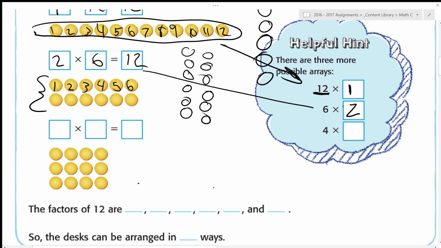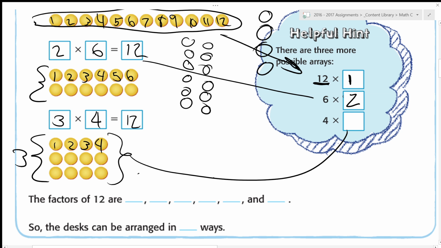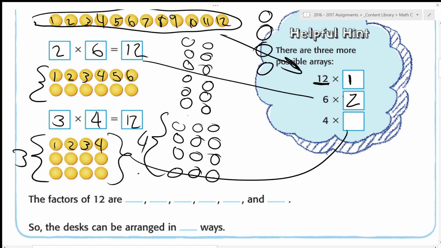Last one is we have got 3 rows, and there's 1, 2, 3, 4 desks in each row. So 3 times 4 equals 12. Or we could do the opposite of that and do 1, 2, 3, 4, 5, 6, 7, 8, 9, 10, 11, 12, which is now 4 rows of 3, which is this problem right here.